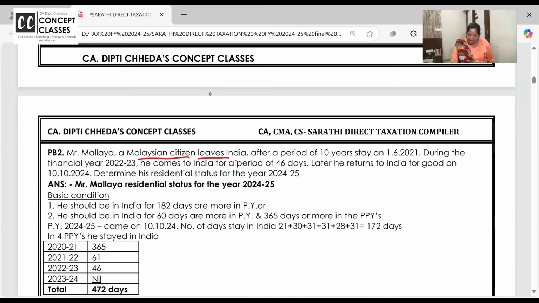He leaves India after a period of 10 years' stay. For 10 years, 365 days he was in India. And on 1st June 2021, he left India for the first time. During the financial year 22-23, he came to India for only 46 days.